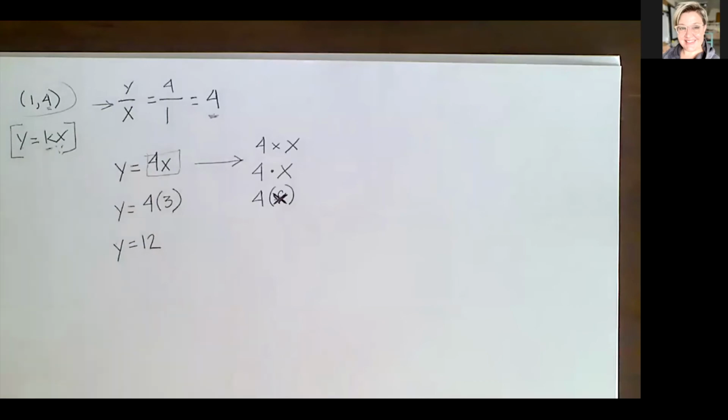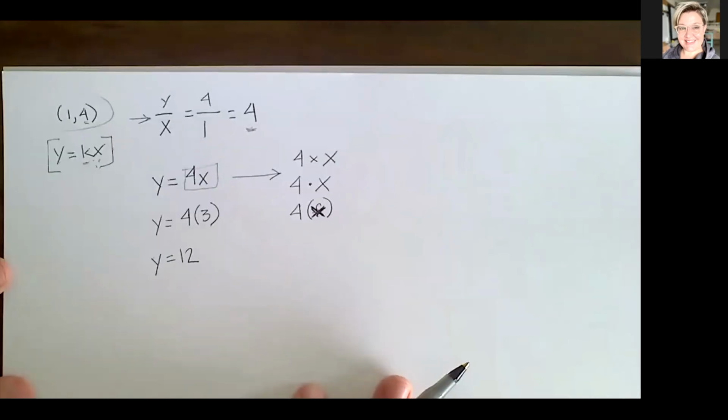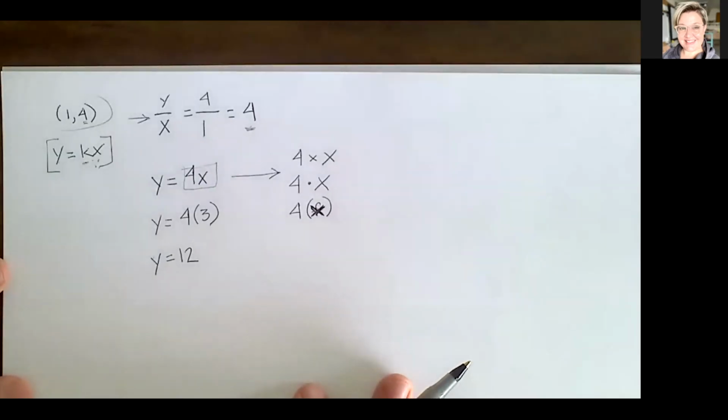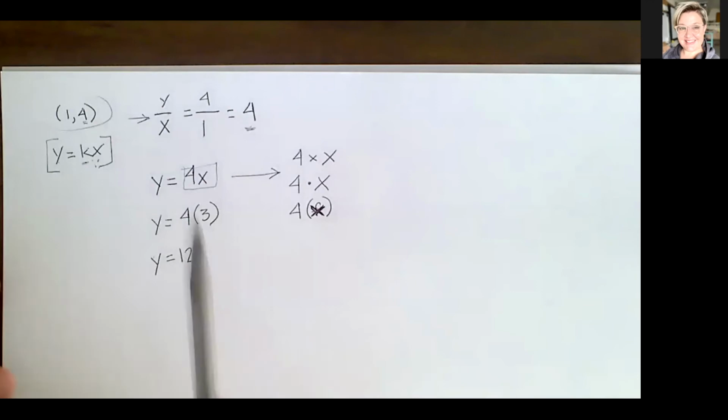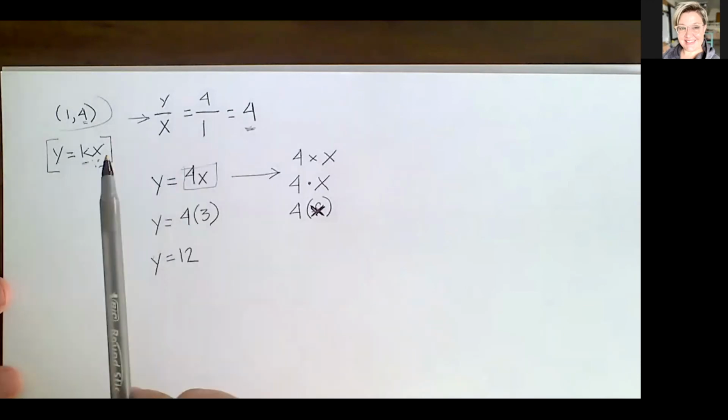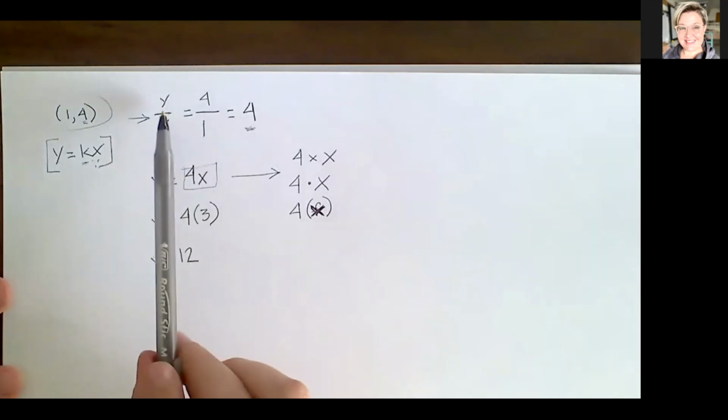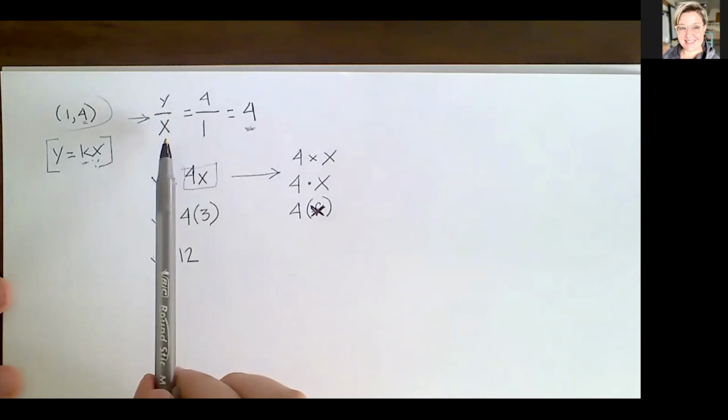Okay. I'm going to let you go in and work on doing this in IXL. If you're forgetting how to do it, rewind, go back in the video, and look at how we found the y and the x by using the graph.